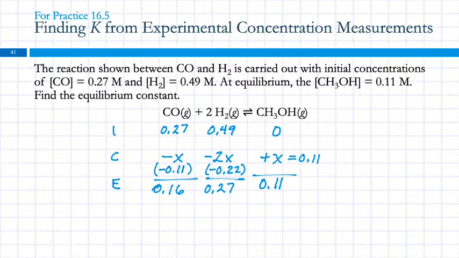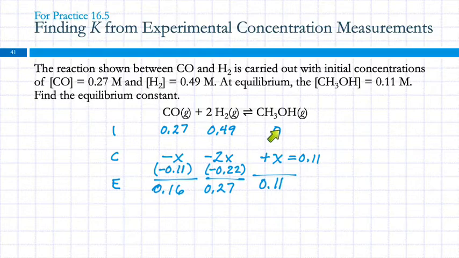C and E are the same, we just know the formula for the first two. Well, C is how much the concentrations are changing. So what we're doing really is we're inferring what happened based on this one equilibrium concentration.